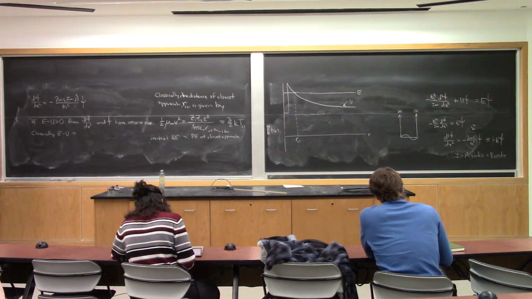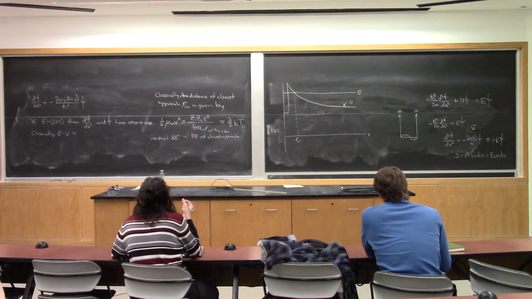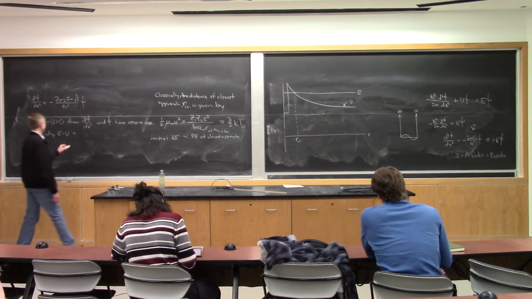Classically, what does E minus U represent? What does the total energy minus the potential energy represent classically? That's the kinetic energy, right?